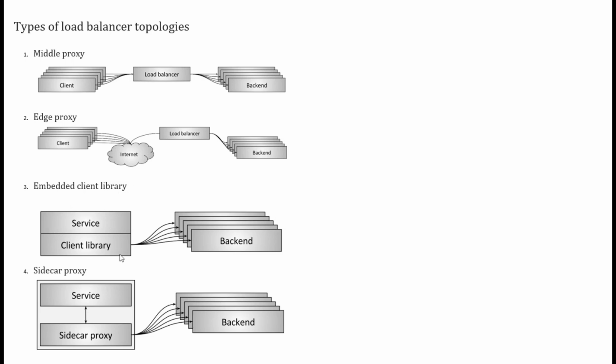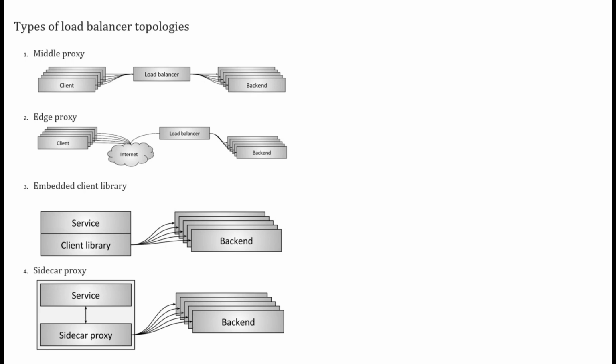In that client library, your load balancing logic and algorithm will be encapsulated in one library, and that library will be attached to the service. So whenever we scale our service, that load balancer will automatically scale. So this is an embedded client library.